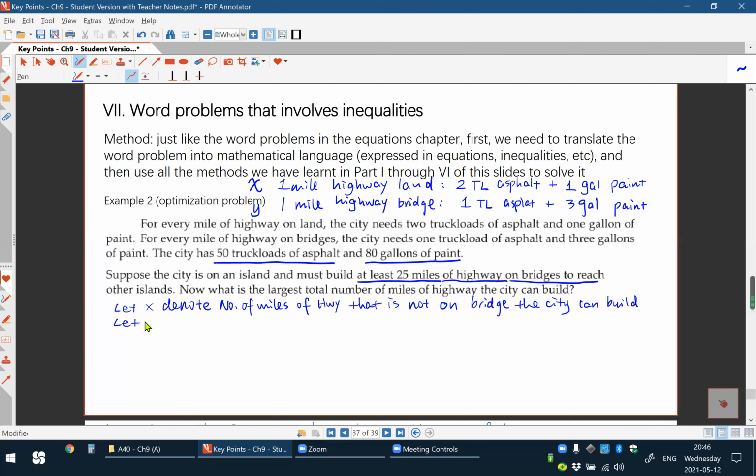And let y denote the number of miles of highway that must be on bridges, that the city can build. Okay.